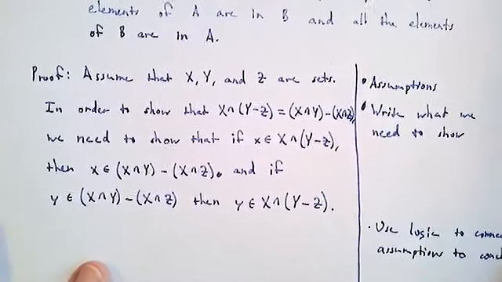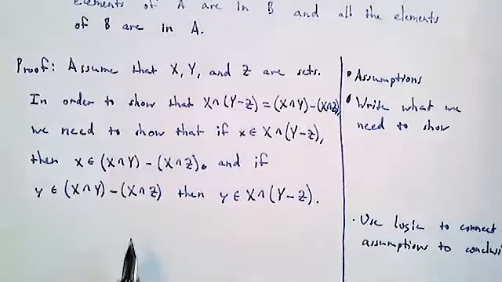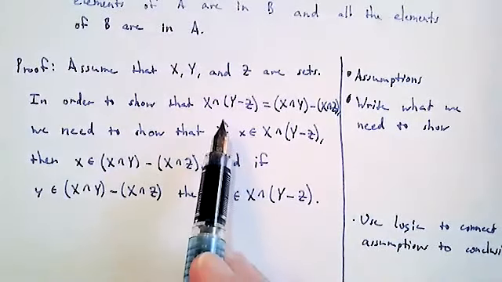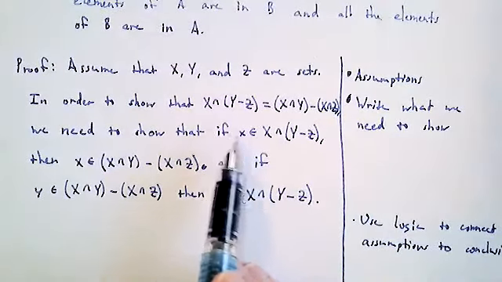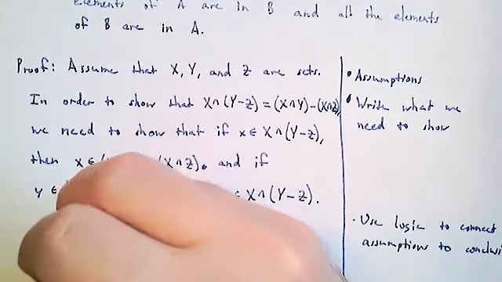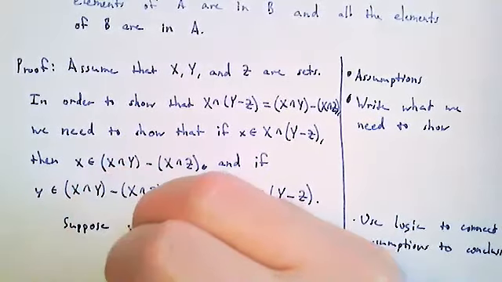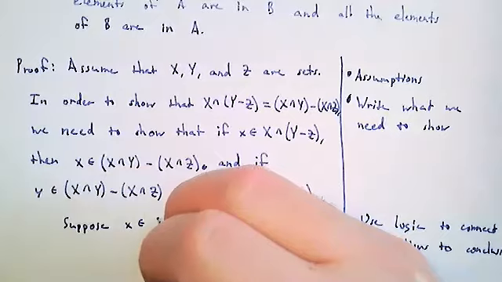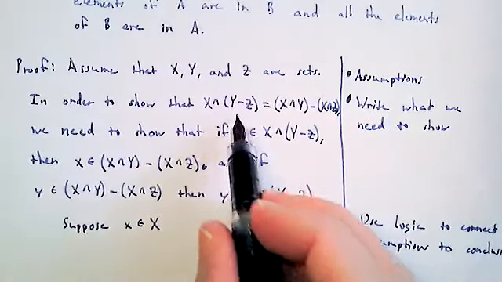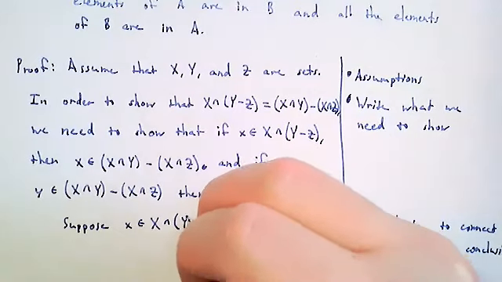Okay, so what I would do if I was writing this proof is I would probably start a new paragraph and start with this. So suppose x is an element of the left side. So x is in x intersect y minus z.